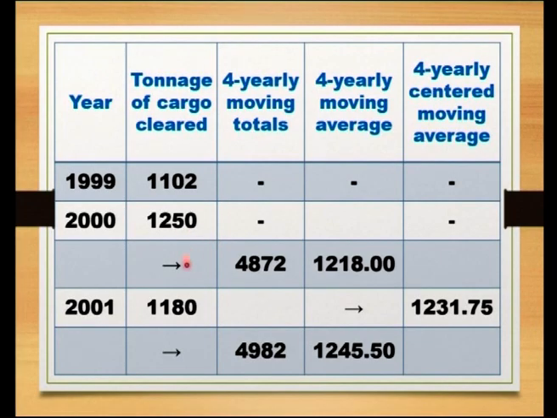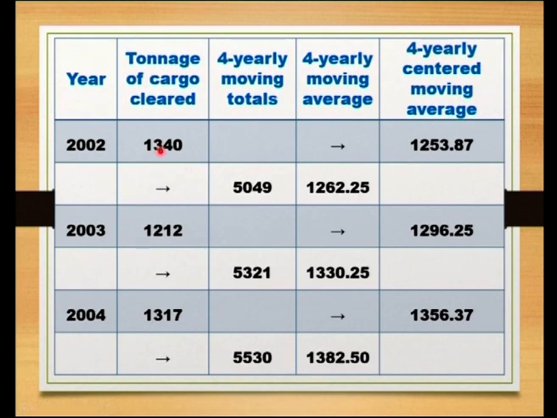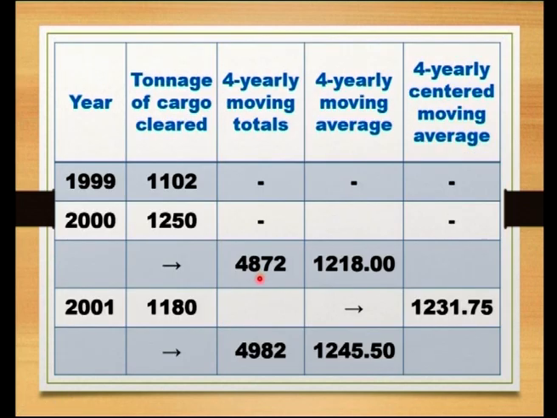So the total of the first 4 values is written in between 2000 and 2001, that is 1102, 1250, 1180, then 1340. All the 4 values are added and their total is written here as 4872.